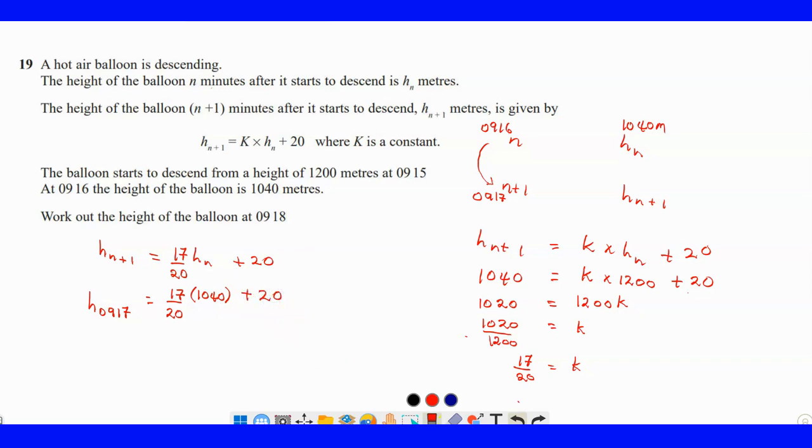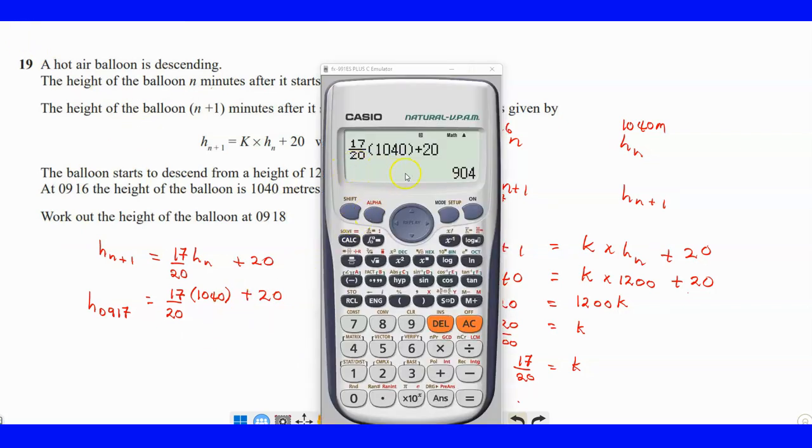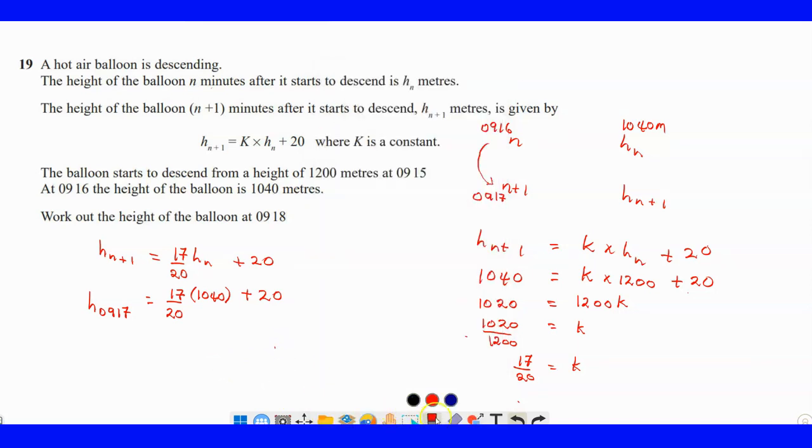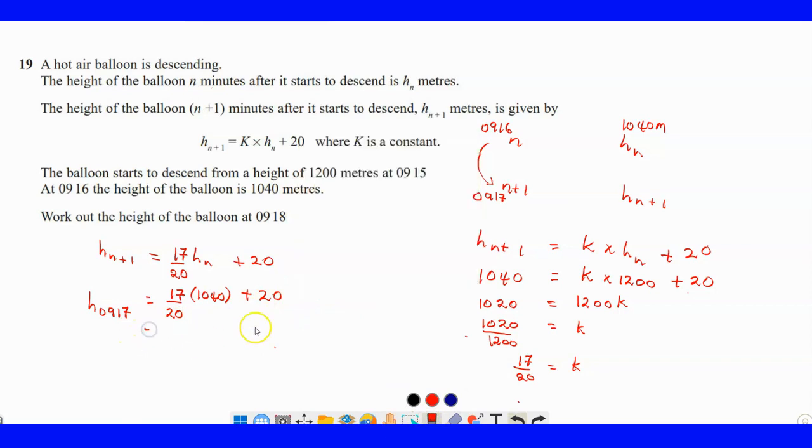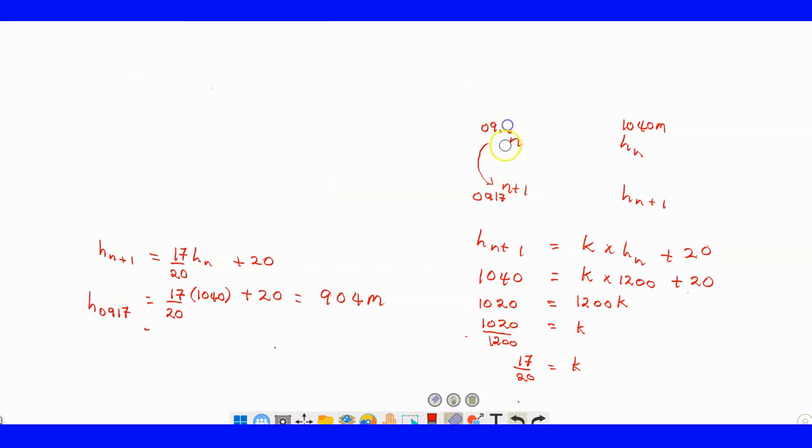Let's input that in our calculator and see what we get. At 9:17 we have a height of 904 meters. So to get to 9:18 now, we're at 9:17, so let's just erase that.